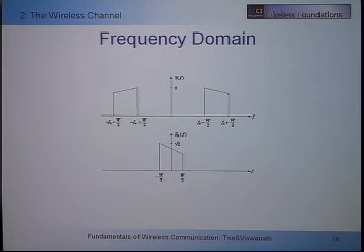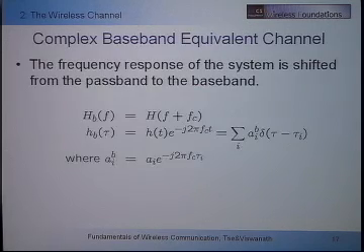So this is the passband signal. This is going to go through a channel with a certain response. So this part will go through the channel at this particular frequency range. And if I shift this from a baseband point of view, the channel I see from the baseband point of view is therefore nothing but the baseband version of the channel, which is basically the channel shifted by the carrier frequency fc.